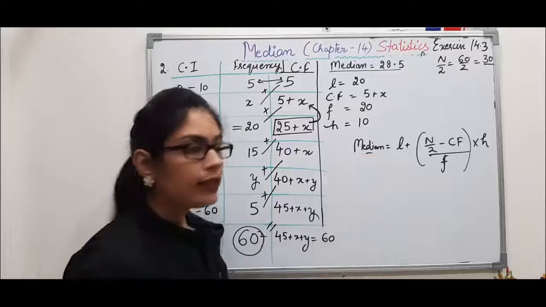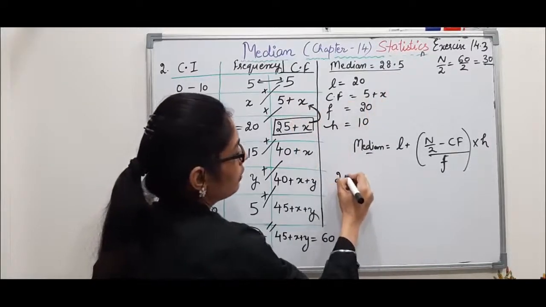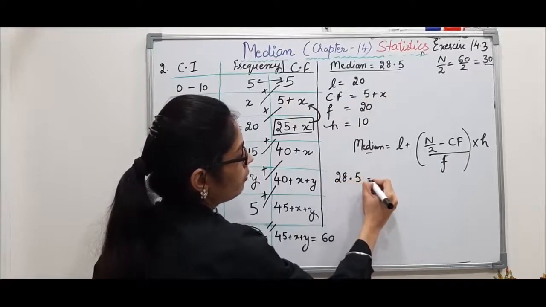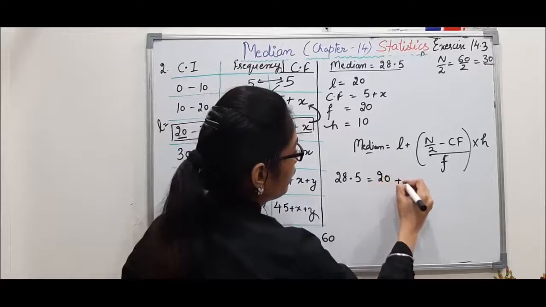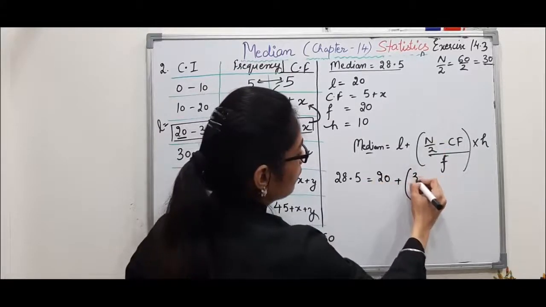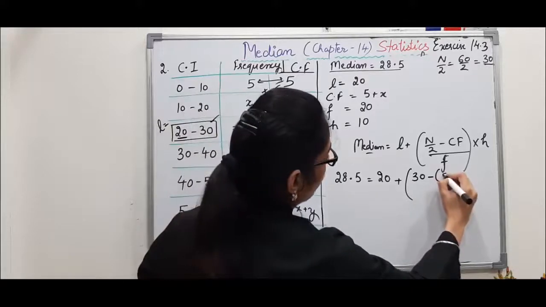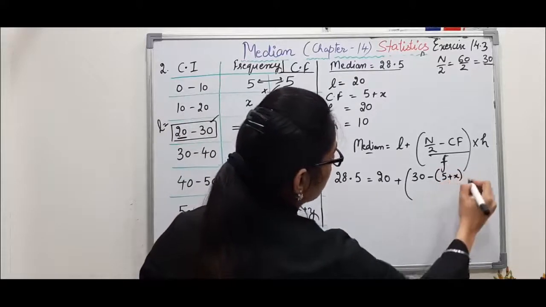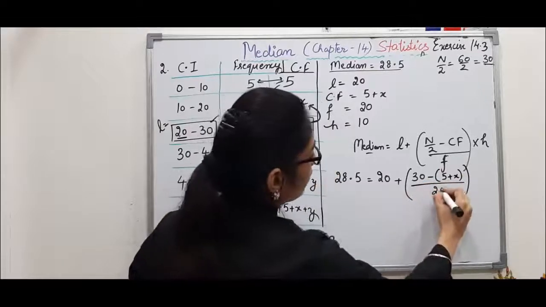Median is already given to us, it is 28.5. So let's write it down, 28.5 equals L, which is 20, plus n by 2, it is 30, minus CF. CF is 5 plus x. Then F is 20.